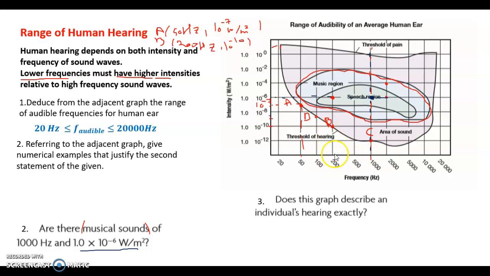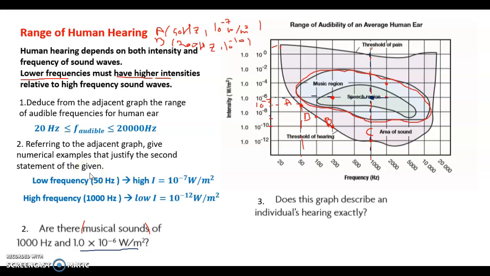However, the intensity for the lower frequency is 10 power minus 10 greater than the intensity for 1000 Hz. So for it to be audible, low frequencies must have high intensities. We can take any two points and compare them on the threshold of hearing, such as A, D, B, C, AB, AC, BD, BC, and so on.